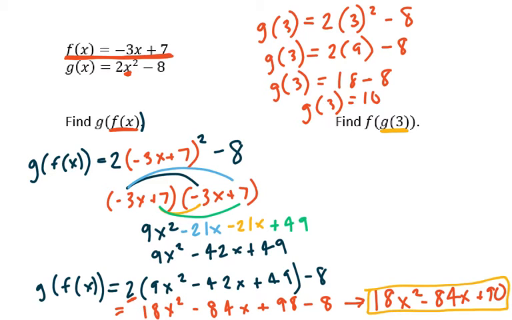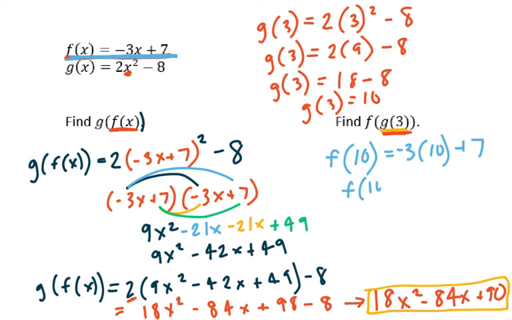We are now going to substitute 10 in for g of 3. So 10 or g of 3 is our input into our f of x function. So we are now going to find f of g of 3 or f of 10. So same thing here, we are going to use our f of x function and we are going to substitute 10 in for x.